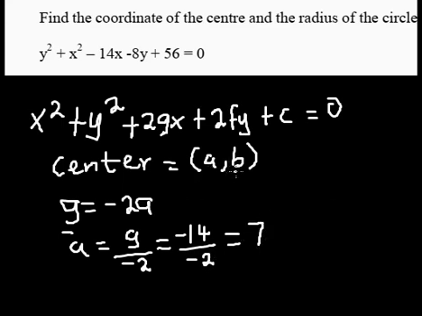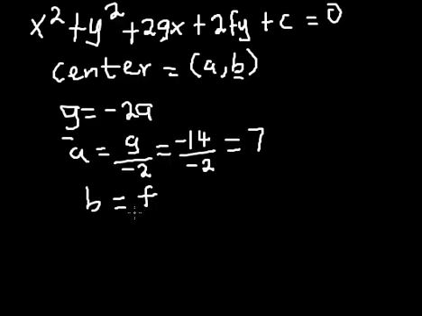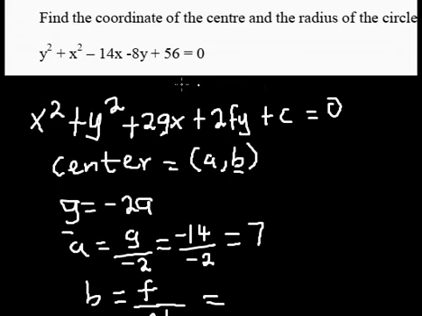What of the b? We know very well that b is f over minus 2. What is our f in the equation? Our f is the coefficient of y, and the coefficient of y there is minus 8.